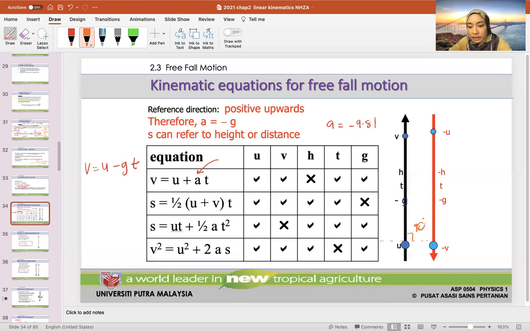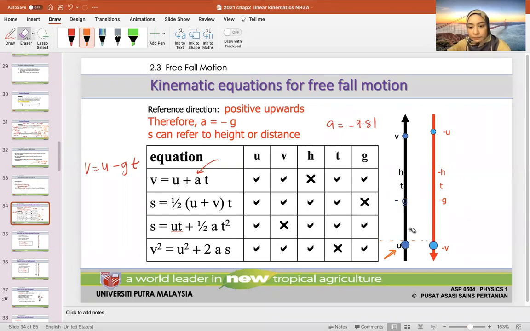So this ball goes up, up, up. I start with an initial velocity, u. I go up, but I know that my ball will be influenced by gravity, and the gravity is going down. So even though my ball is going up, the velocity will increase or decrease?